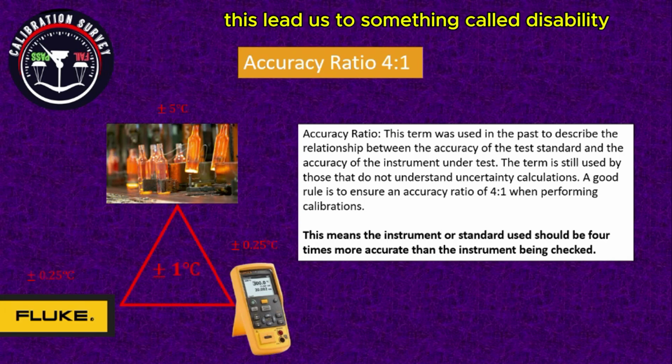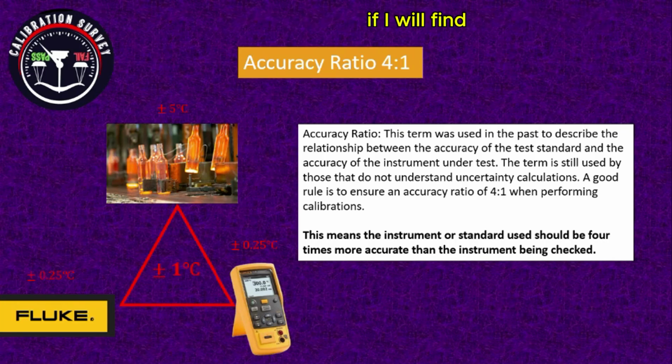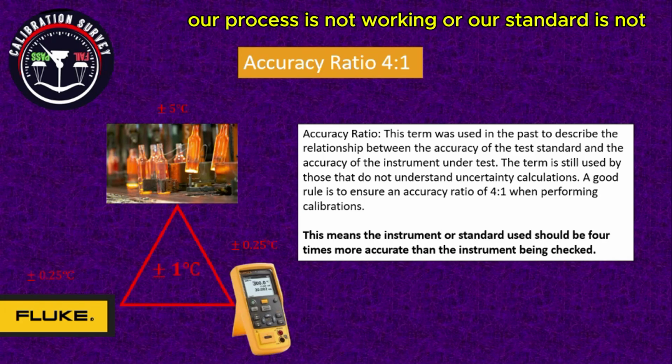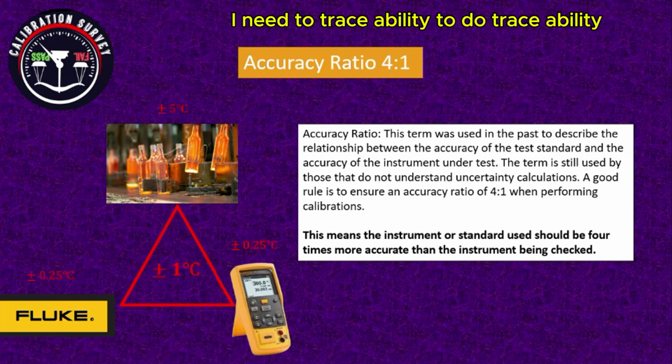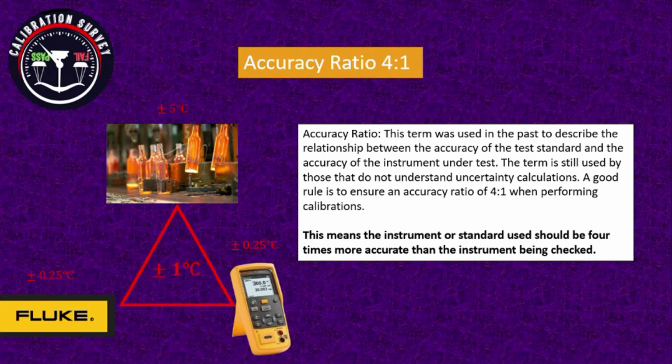This leads us to something called traceability. If I find our process is not working or our standard is not in the tolerance, I need to do traceability. So what does traceability mean?